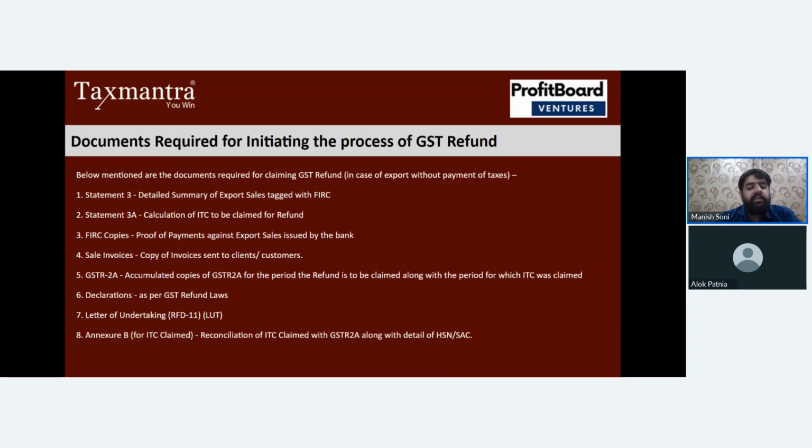Then there are a few declarations. There are around 6 declarations under different laws of GST, which include a few verifications and self-declarations stating that you are providing export services, and you are not charging your clients 1.5 times of what should be charged in domestic sales.